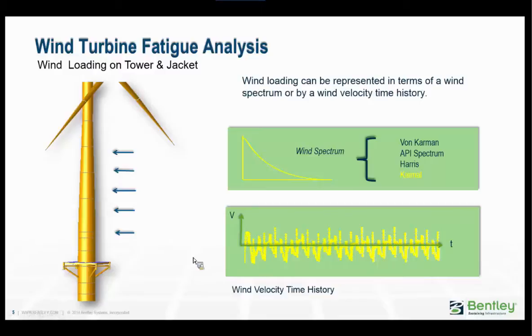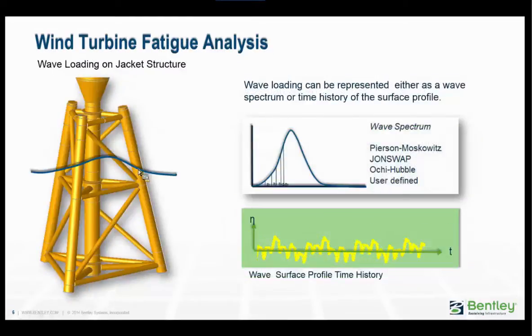Alternatively, like I said, if you have a recording of the wind velocity time history, you could use that directly to generate the load on the structure. Looking at the wave loads, sorry, I got the title wrong there. In this case, again, we can represent the wave load either as a wave spectrum or a time history of the surface profile.